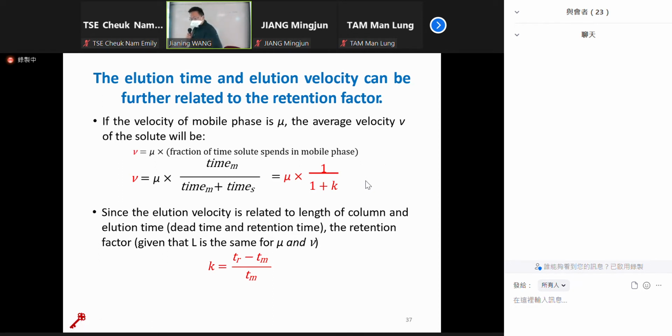So in the last class, for a certain column, we can measure the mobile phase for a certain separation. We have a certain mobile phase velocity, and based on the spectrum, we can also measure the velocity of the analytes.